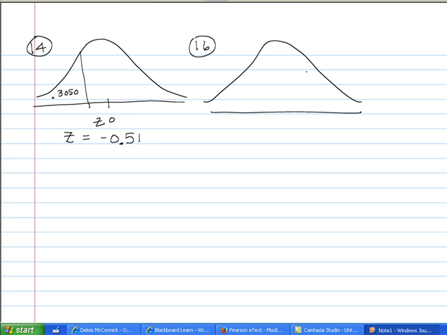It's 0.7939. So this time it'll be a positive z-score because they give us 0 here. Okay, so I'm looking to get as close to the area 0.7939 as I can. 0.7939, and we get 0.82.